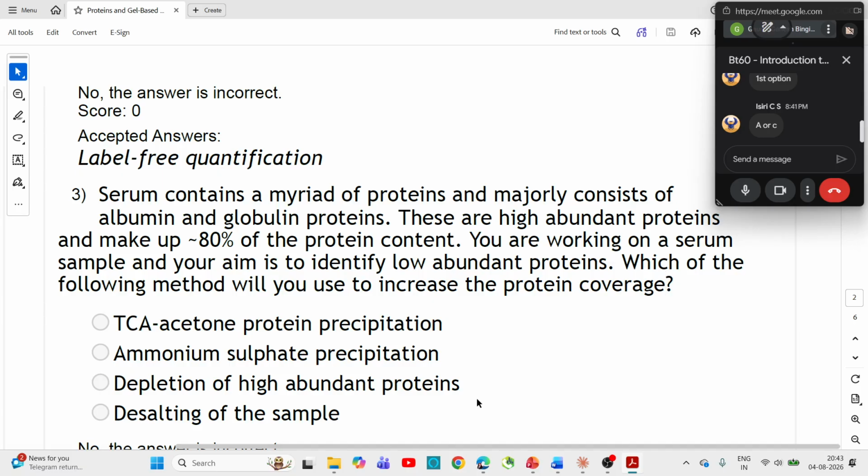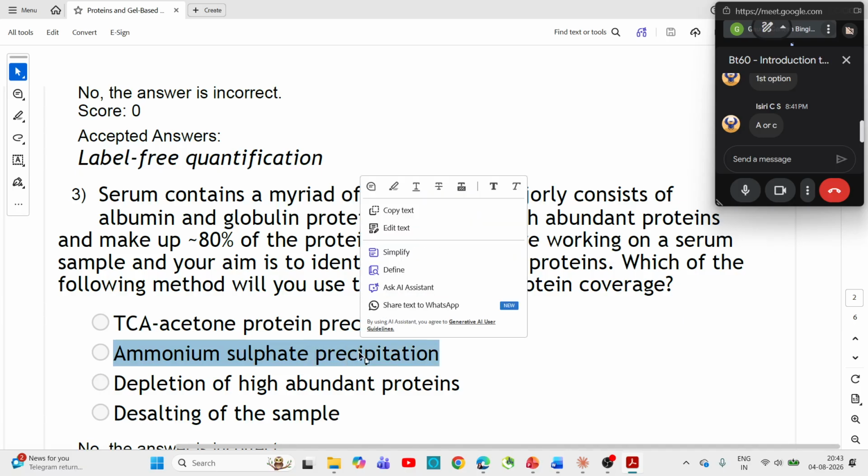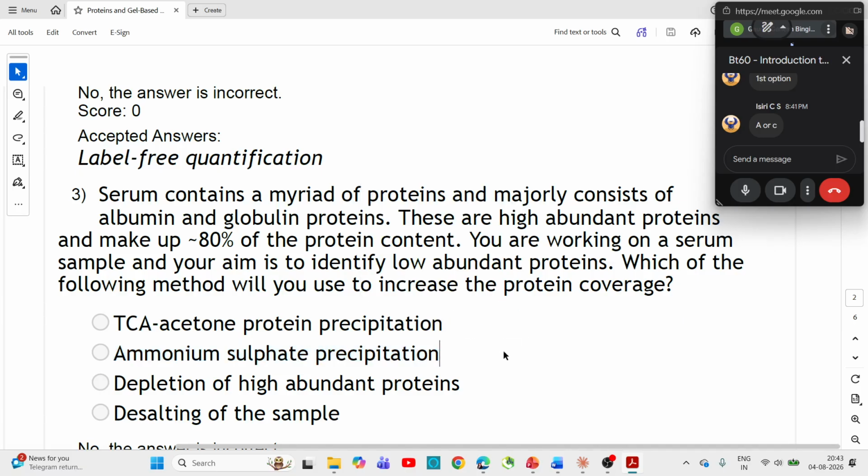No, no, no. This precipitation happens in terms of ammonium sulfate precipitation. It happens on the basis of the type of protein it is. So if you know albumin will get precipitated at what concentration of salt, you can use that method as well. But overall, what is your aim in doing it?